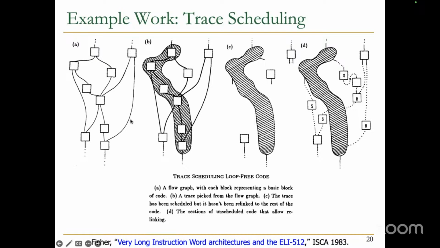It looks like a mess initially. But if you profile this code at compile time or dynamically, maybe you figure out that, oh, this is the path I usually take in the program. This is a frequently executed path. So if you identify that, this paper also introduced trace scheduling.